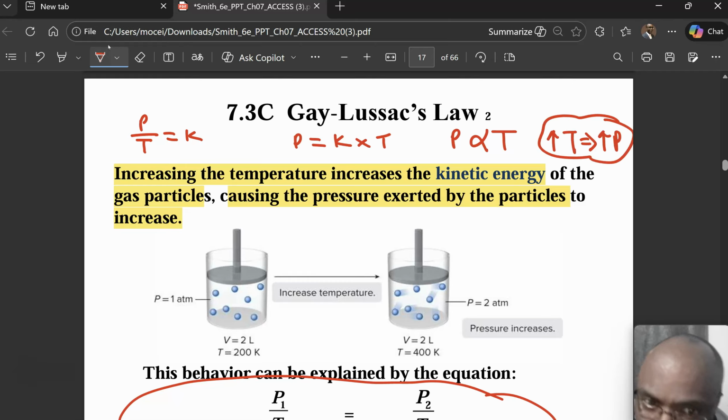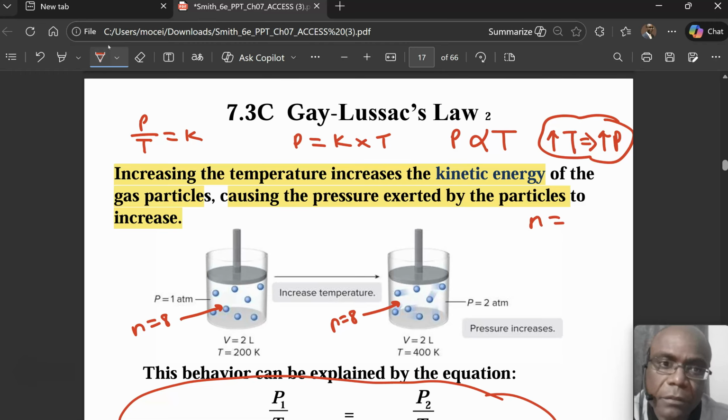So you are looking here, the number of molecules in there, n equals 8 blue balls. In here still n equals 8 blue balls. So like I told you, n is constant. And then the volume is kept constant in these two experiments or runs. So V is constant.